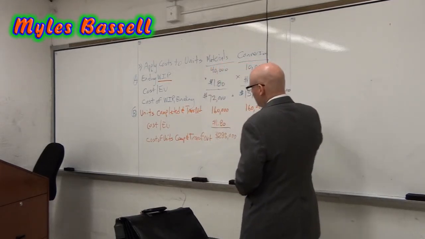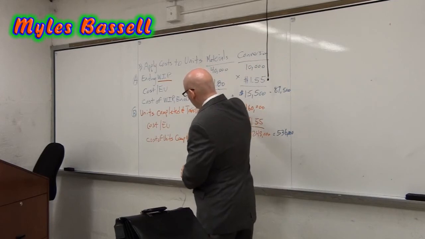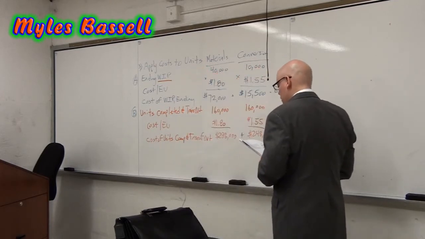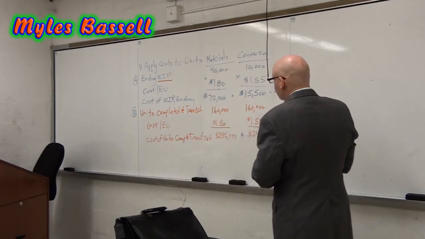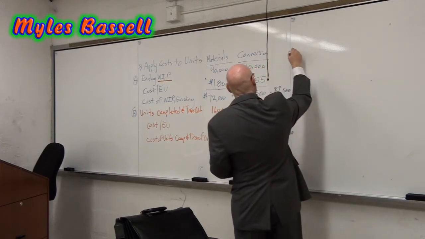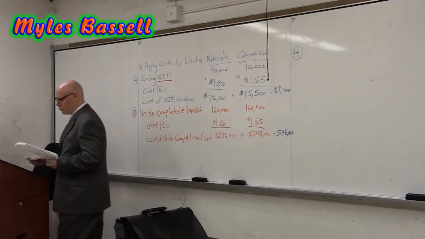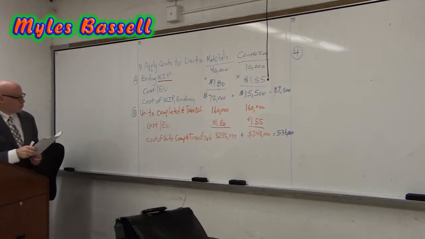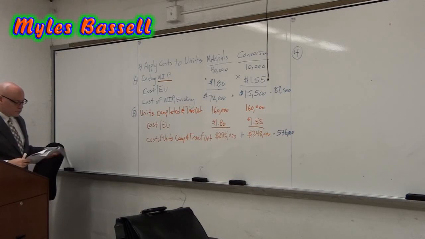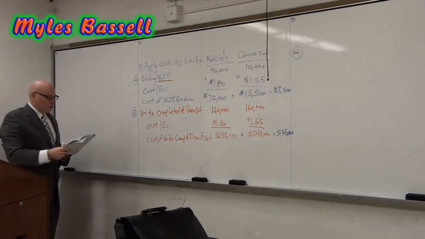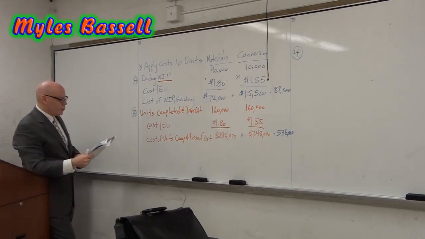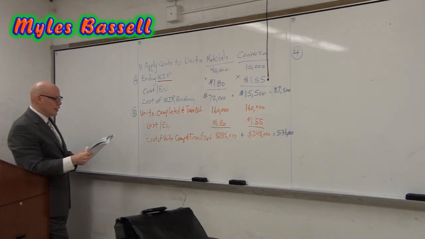Once we know that, then we can calculate the ending WIP and the value of the finished goods. All right, so look at part 2, cost of beginning work in process, right? When we calculated the cost per equivalent unit.